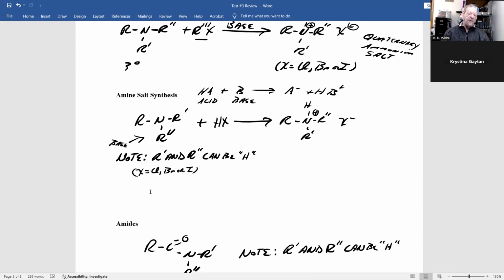And if I react it with a hydrohalogen acid here, this is my acid, where X can be chlorine, bromine, iodine, and you can have a primary, secondary, or tertiary amine, which means R prime, R double prime, one or both can be carbons, or one or both can be hydrogens. And you form an amine salt.